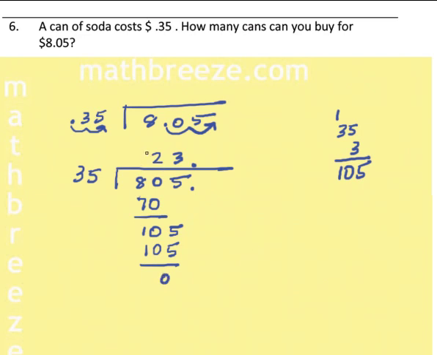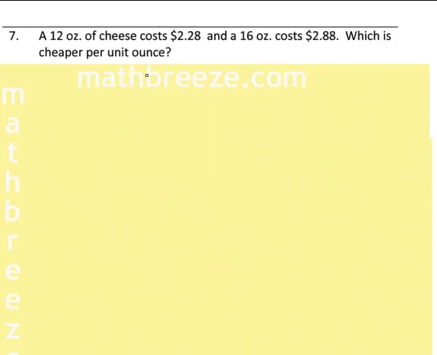So we can buy 23 cans. 23 cans with $8.05.